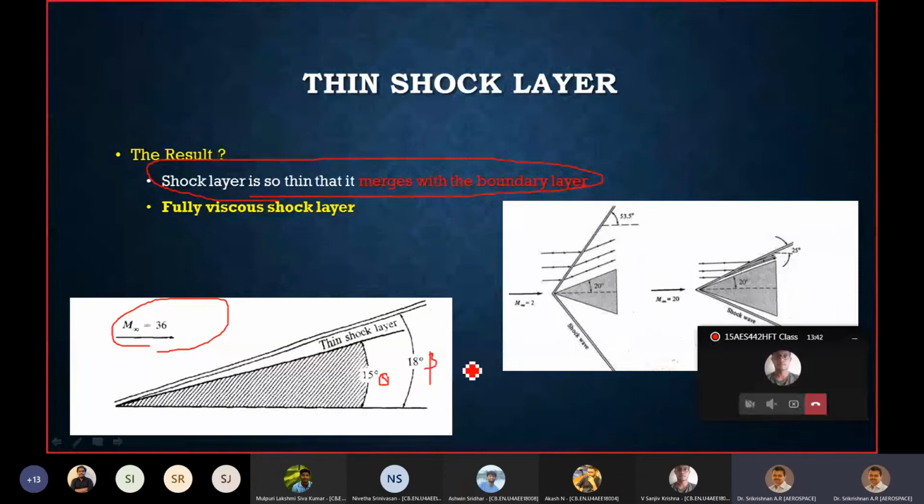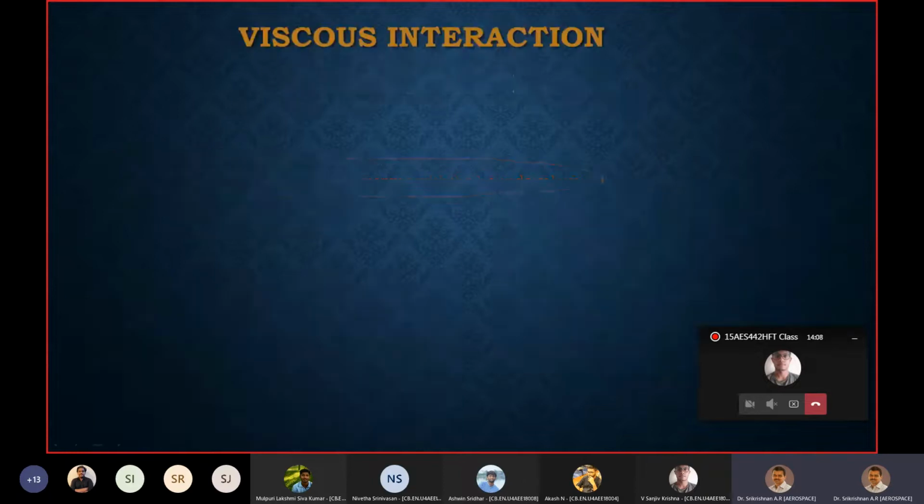So it's just 3 degrees difference between theta and beta, which means that the region between the surface and the shock is very, very narrow. This is what is referred to as thin shock layer. Now, the thinness of the shock layer, since it tends to merge with the viscous layer, can have an impact on the pressure distribution on the body.